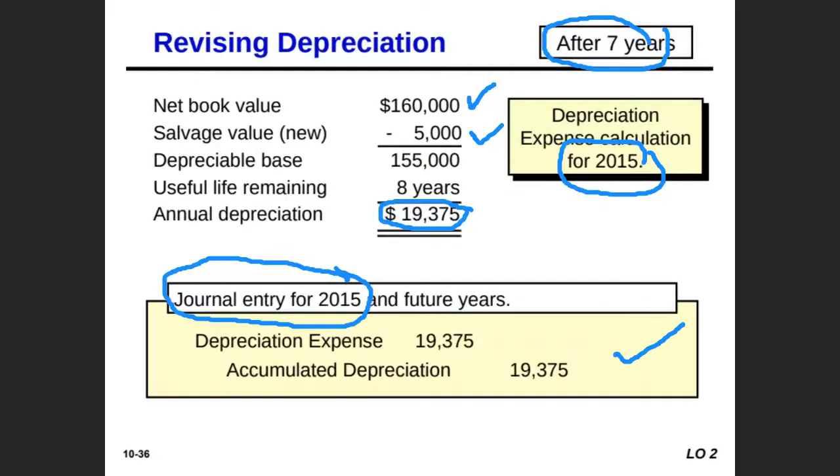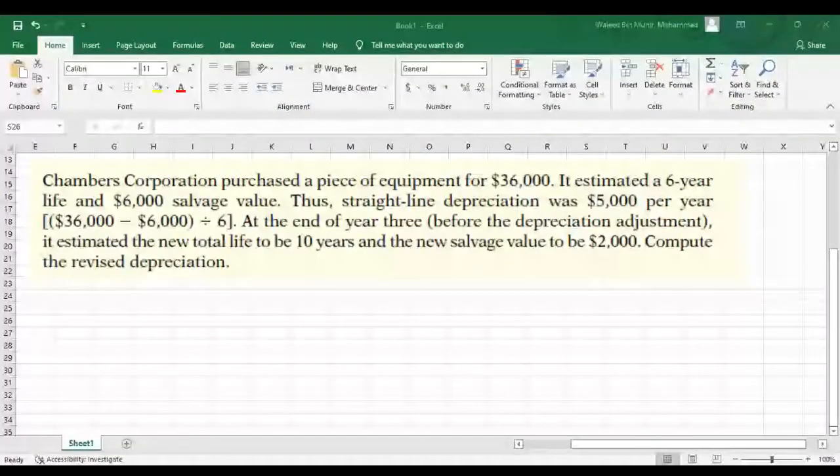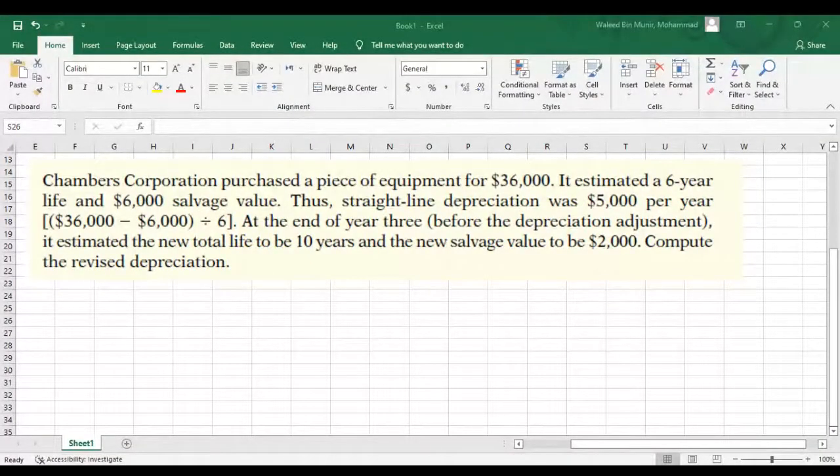Can you solve this question now? I need everyone to solve it. What will be the answer of this question? I will ask this question to everyone to solve it. Chamber Corporation purchased a piece of equipment for 36,000.